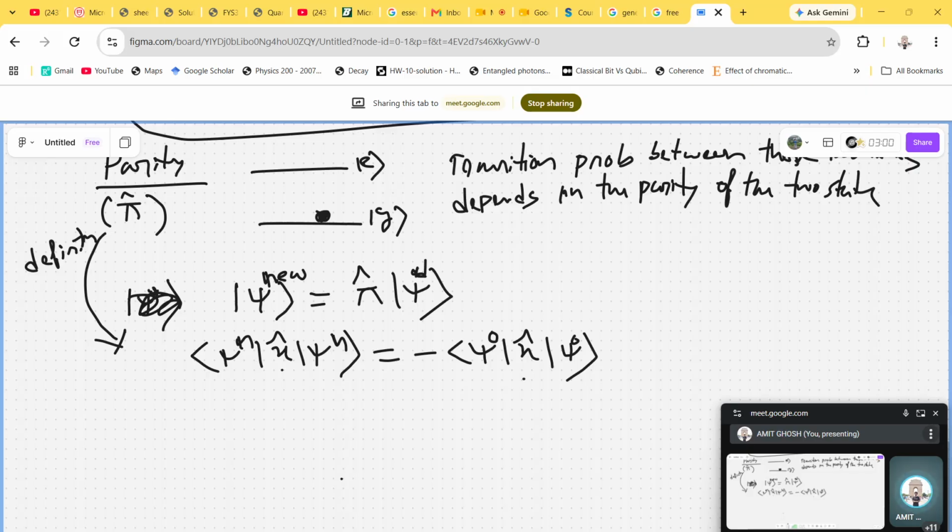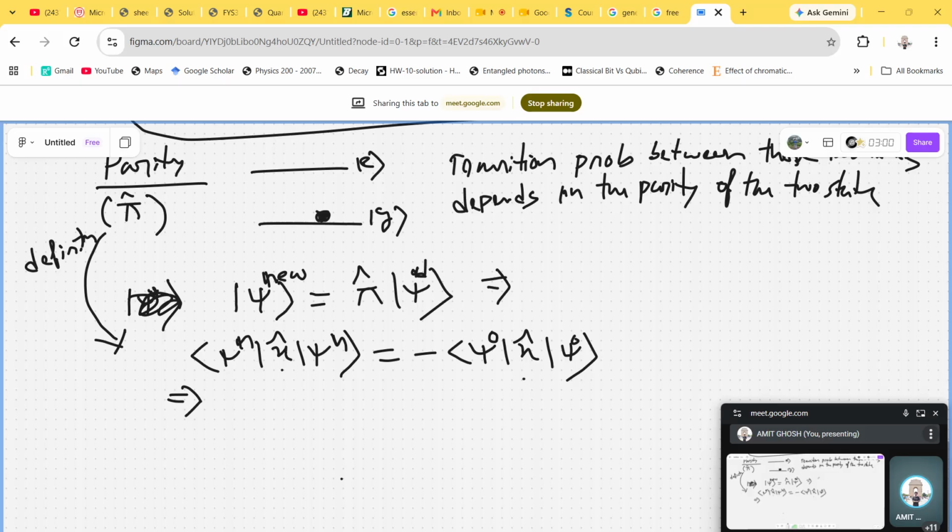So the parity operator changes the old state to the new state: psi new equals parity operator psi old. Now if you take the average of your position in the new state, it is the negative of the average of your position in the old state. So that is the job of the parity operator. Okay. So now we can write the psi n like this.